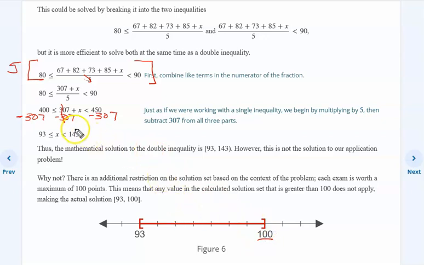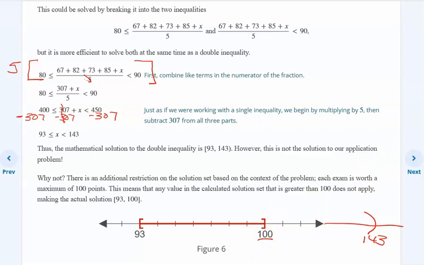And notice the 100 would be, we've changed this inequality sign here to a bracket. Here it would have been 143 there, but we're not interested in that part. We're saying this is what our solution would look like.